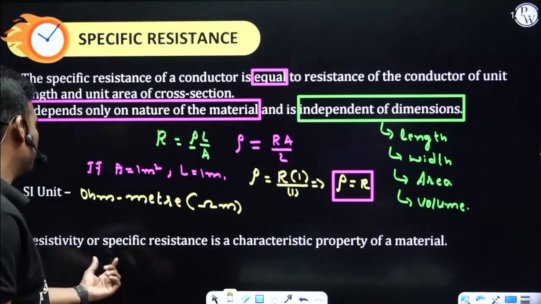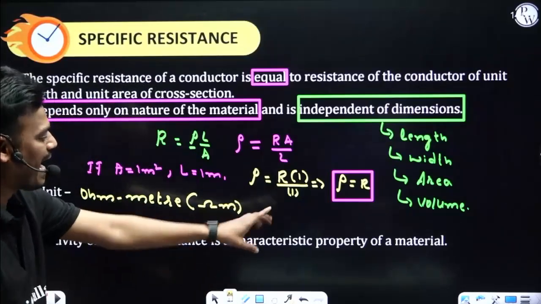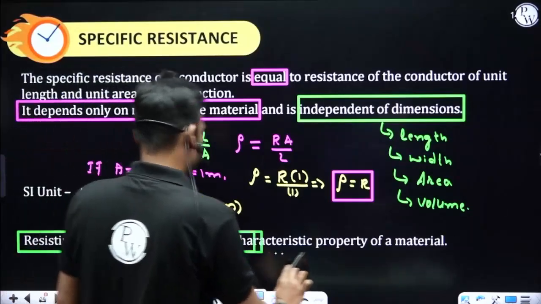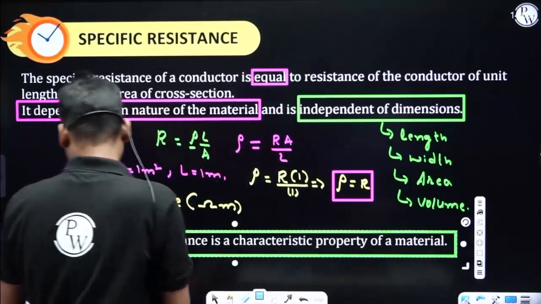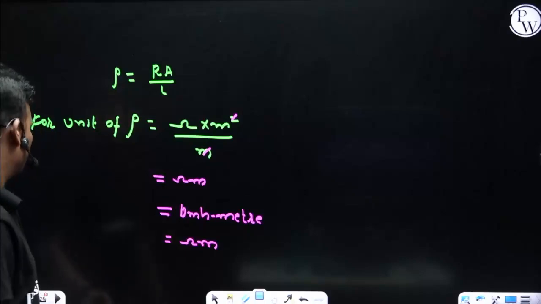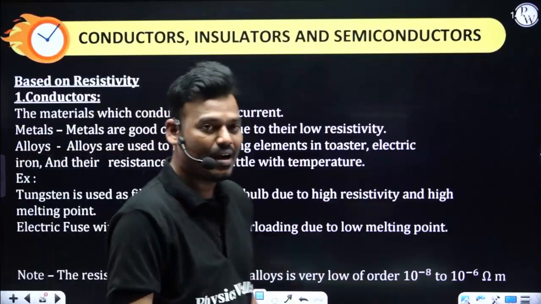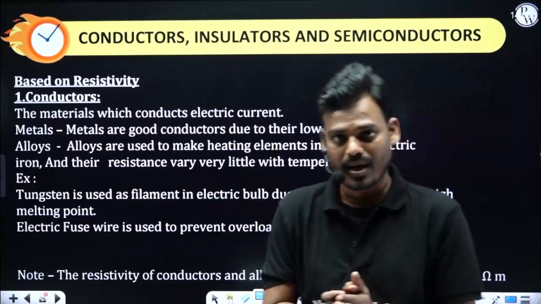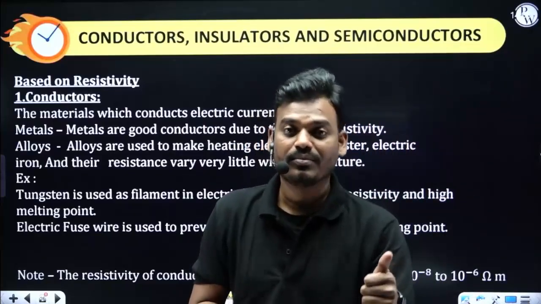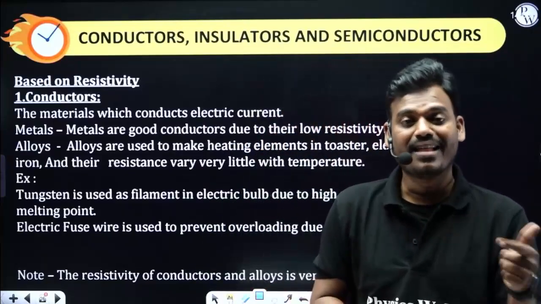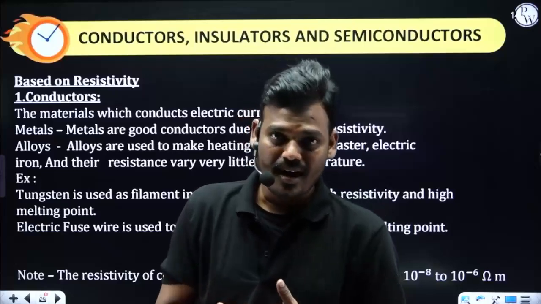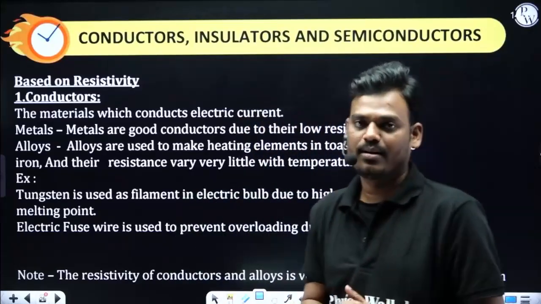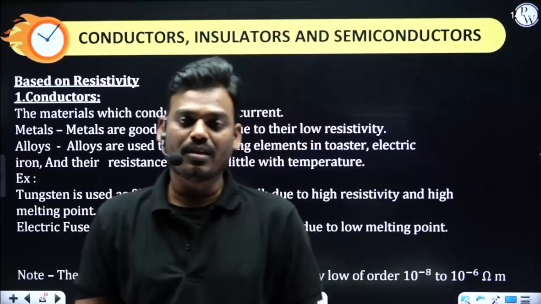Now, resistivity is a characteristic property of a material. We have already discussed this. Next, based on this resistivity, we have categorized materials into three types: conductors, insulators, and semiconductors. Now let's concentrate only on conductors.